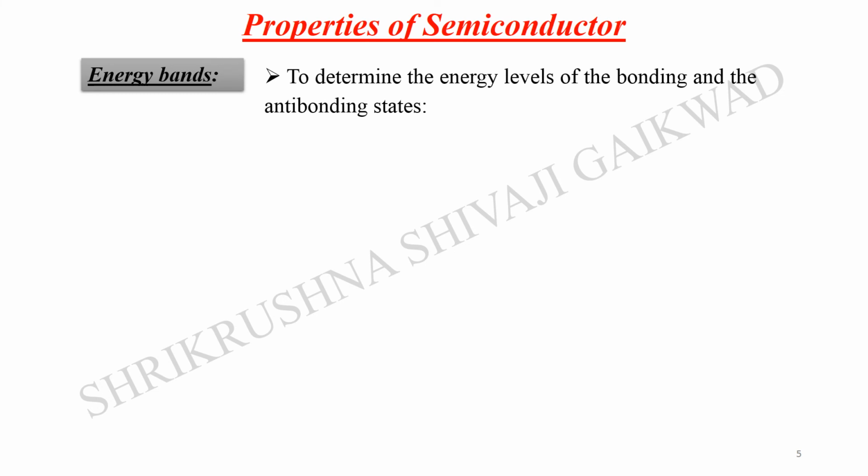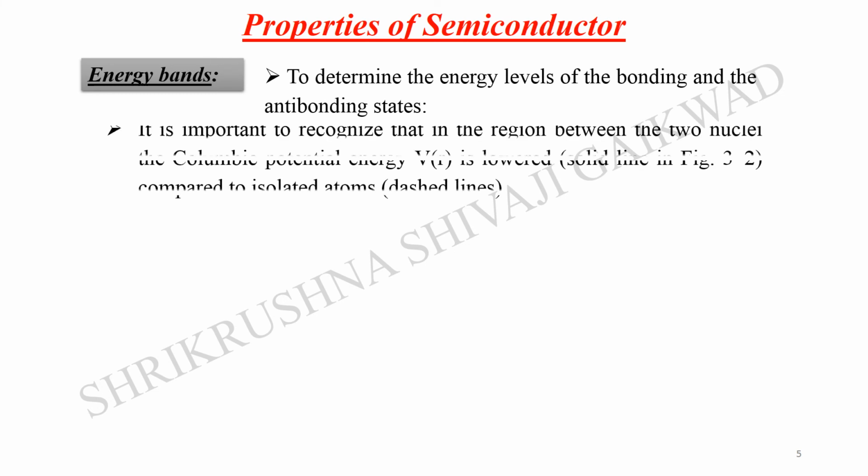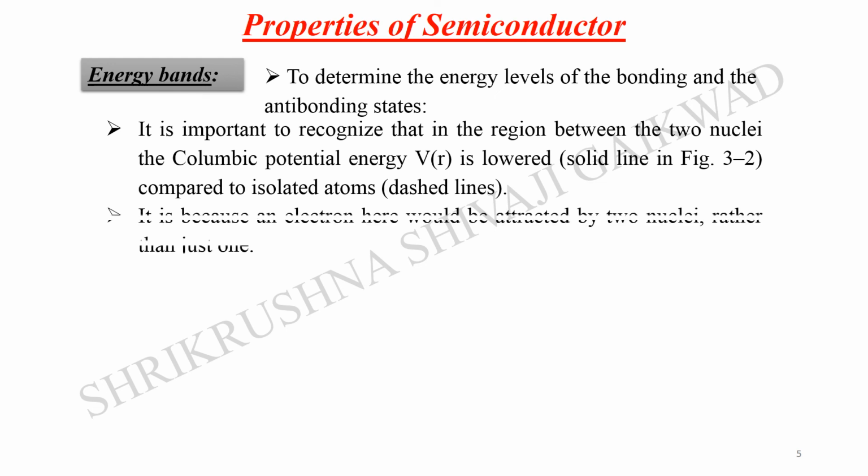To determine the energy levels of the bonding and anti-bonding states, it is important to recognize that in the region between the two nuclei, the Coulombic potential phi of r is lowered. It can be seen from the figure, compared to the isolated atom, shown by the dashed lines. This is because an electron here would be attracted by two nuclei rather than just one.